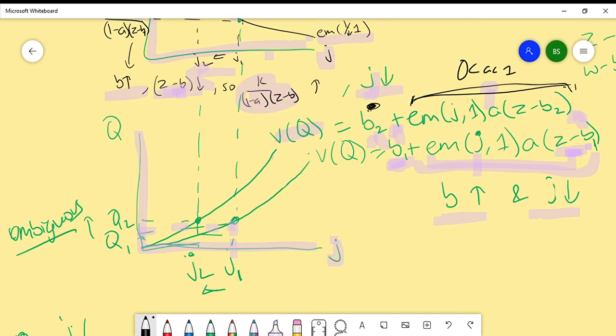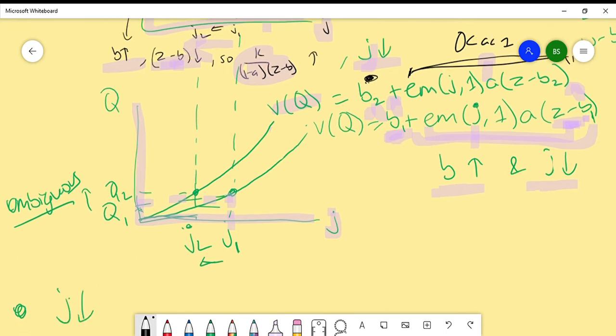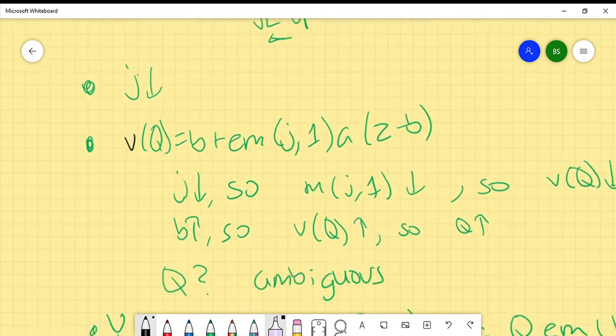So first we draw the VQ function upwards, and then we see J decreasing. First we have our J1, and then we draw our second curve, and the J2 is at a lower point, and then we get our Q2. Now, what we are confused about is Q: is Q decreasing or increasing?